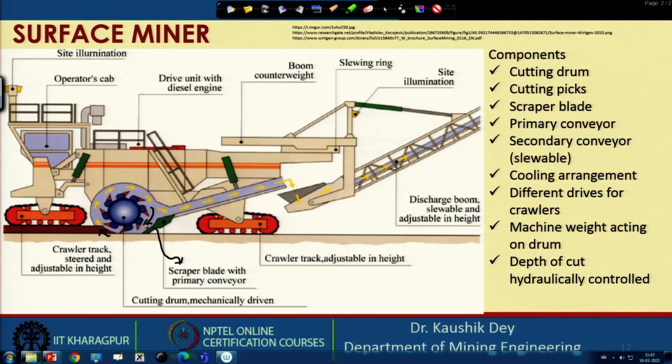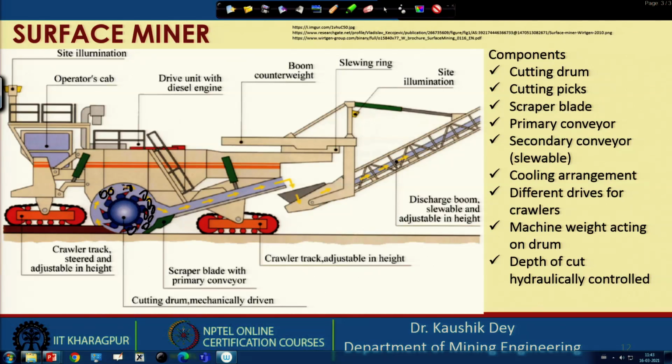Whatever cut material is available is allowed to remain encased within this housing system. The drum is rotating, and this is the front housing system.